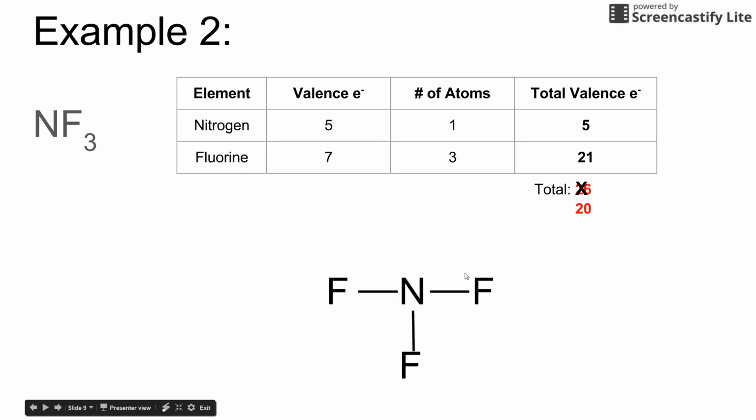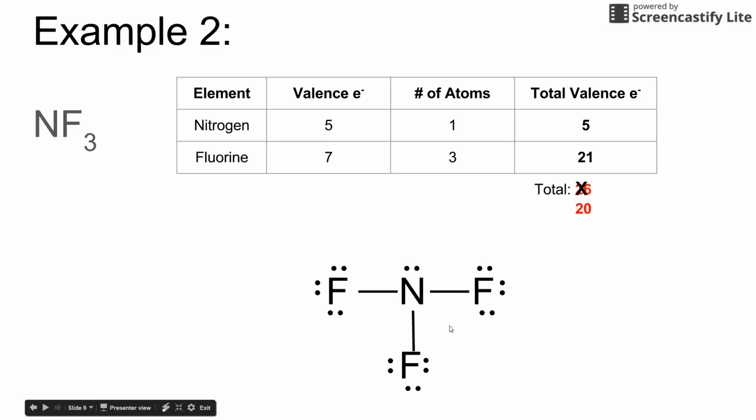Then you go around and put dots around each of the atoms to satisfy the octet rule, but you can only write 20 dots at this point because you already represented 6 electrons in these lines. So you go 2, 4, 6, 8, 10, 12, 14, 16, 18, 20. I can't write any more dots because I just wrote 20 valence electrons.